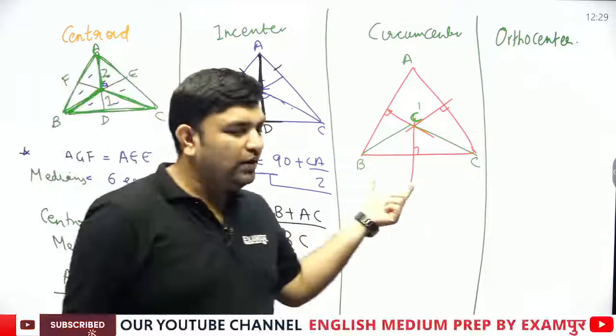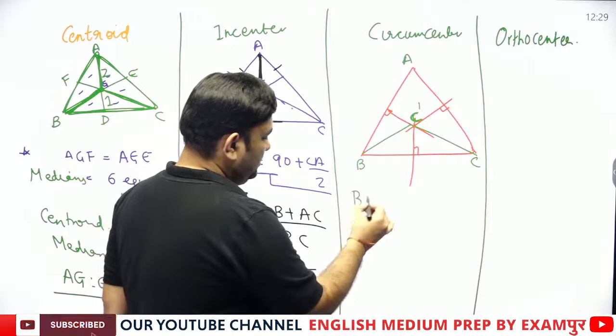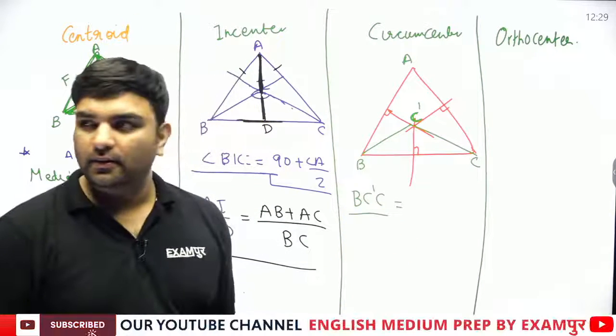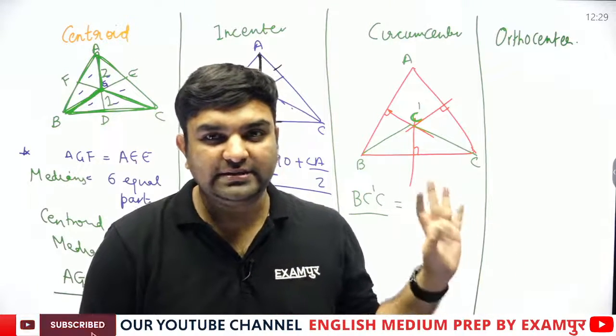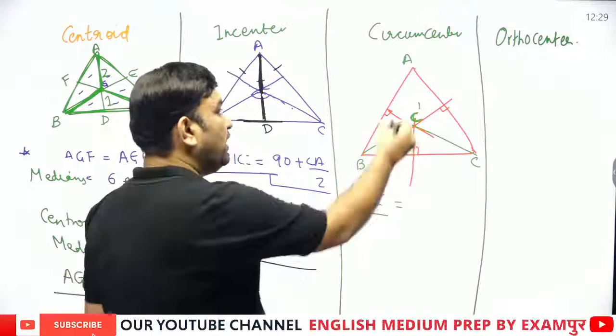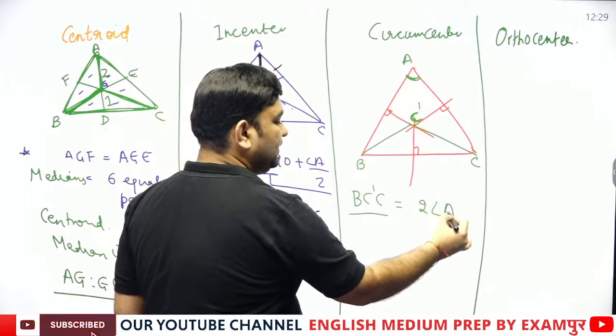I want to find out what is angle BC'C, where C' is the circumcenter. So angle BC'C is twice the vertex angle.